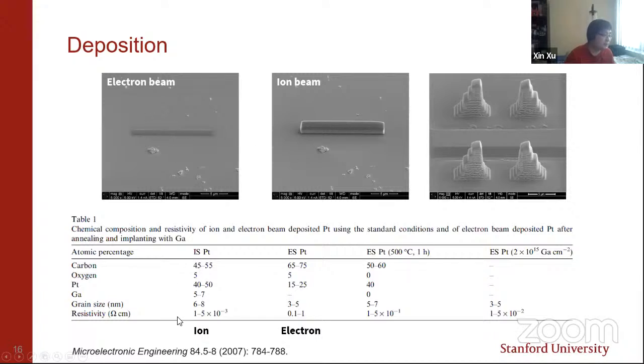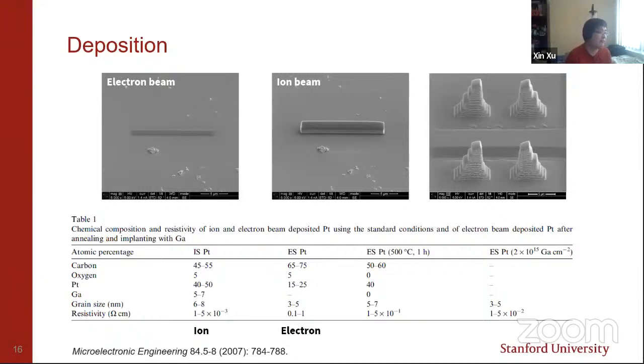If you look at the first column, it's the ion beam induced deposition. The pure platinum is maybe only 40 or 50% of the material. The other components include carbon and oxygen, because the precursor has these elements, and the decomposition is not 100%.